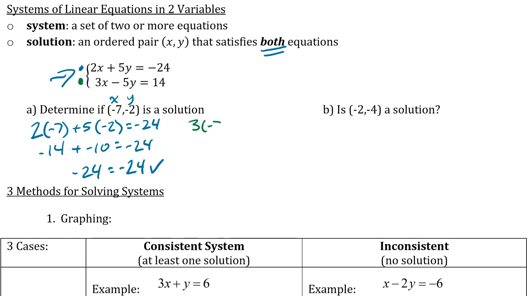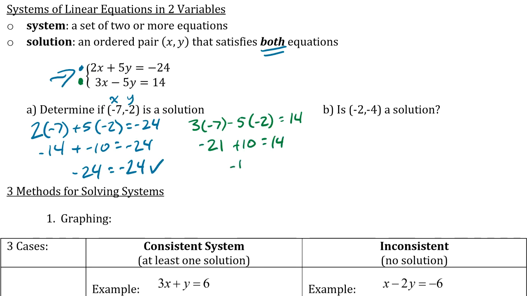So we got 3 times -7 minus 5 times -2 equals 14. So this will be -21 plus 10 equals 14.